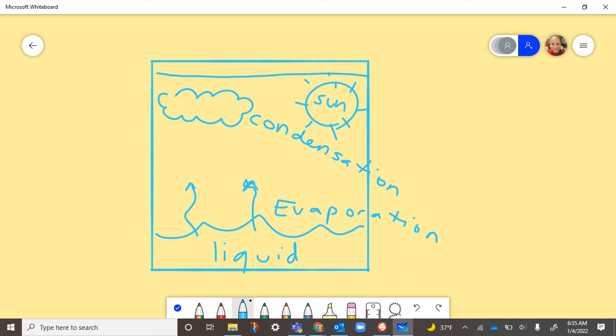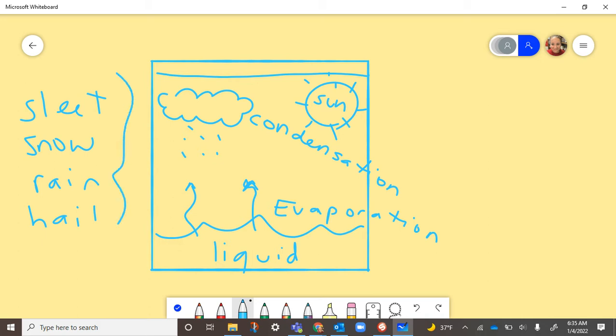When we're in condensation, that process is going from a gas back to a liquid. And when that liquid falls, it can fall as sleet, snow, rain, or hail. So it falls as a liquid, but depending on the temperature, it could fall as one of these things here, and that is precipitation.